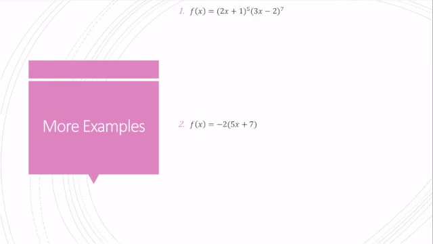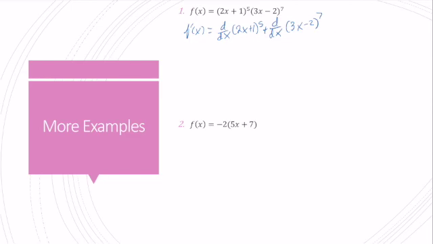Next, I have the derivative of f of x equals 2x plus 1 to the fifth times 3x minus 2 to the 7th. Okay, so here I have to take the derivative of both of these parts using the product rule, right? So f prime of x equals the derivative of our first function times the second, plus the derivative of our second function times the first.